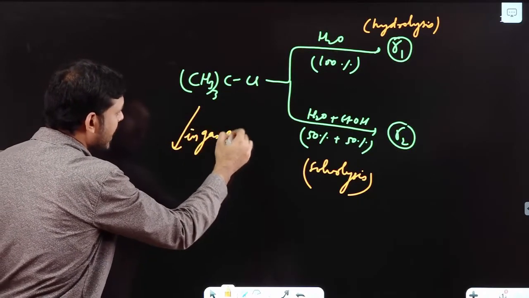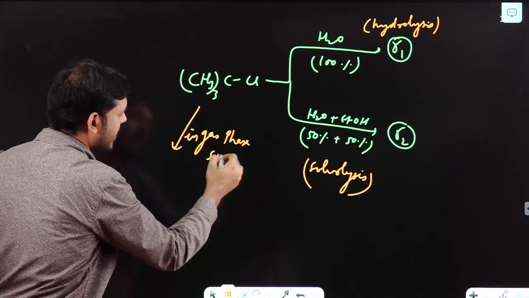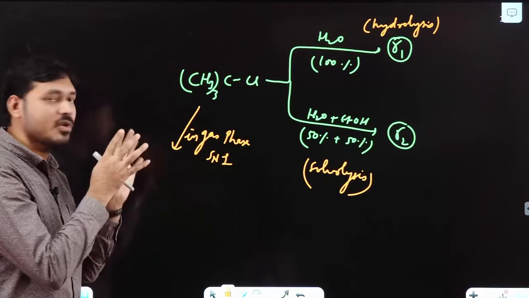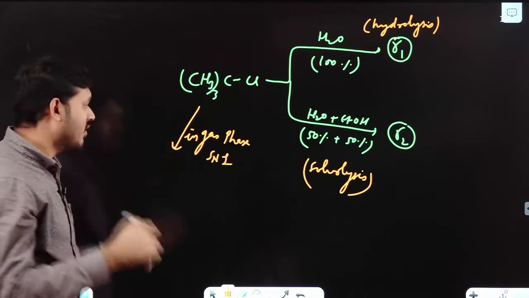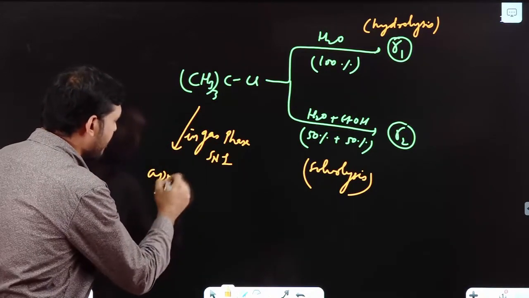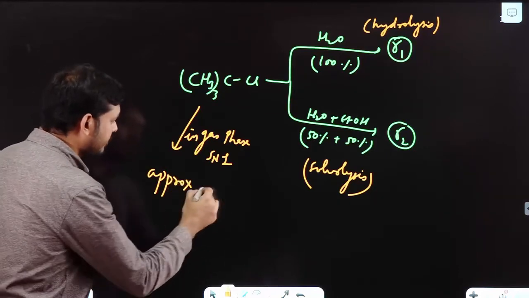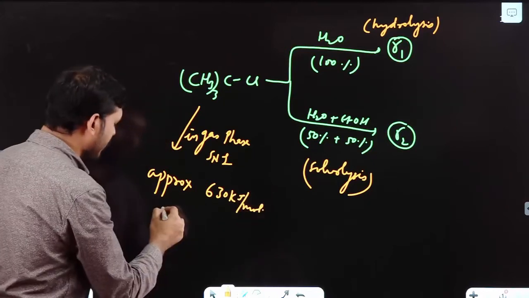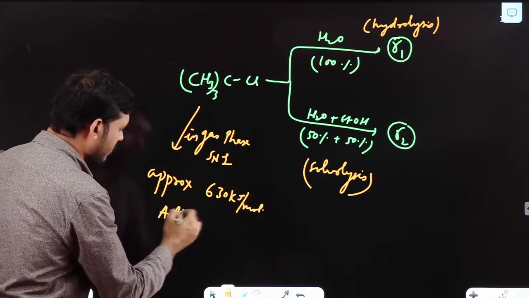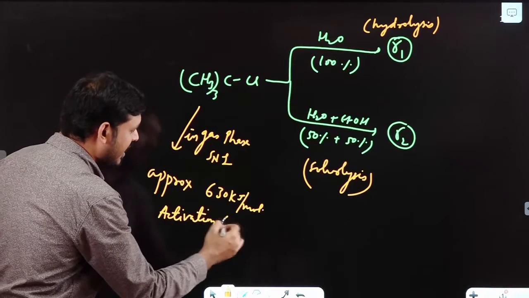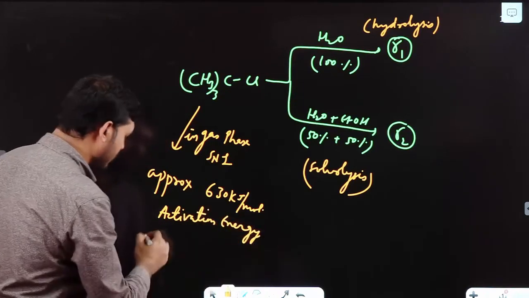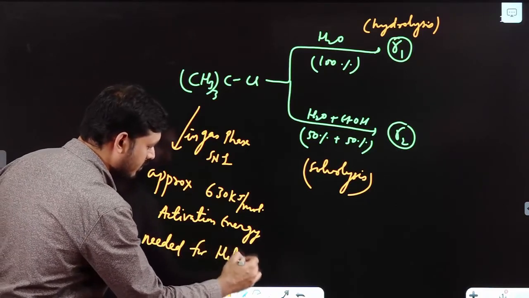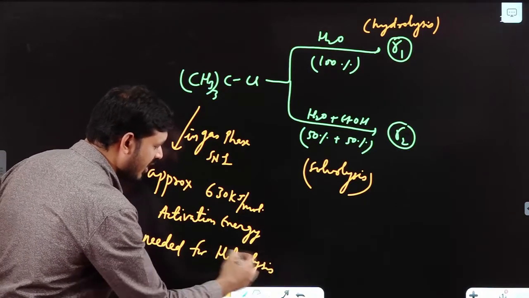In gas phase SN1, if I say, for this reactant in gas phase, simply if you make SN1 reaction, then what will happen? Approx 630 kilojoule per mole activation energy needed for heterolysis.